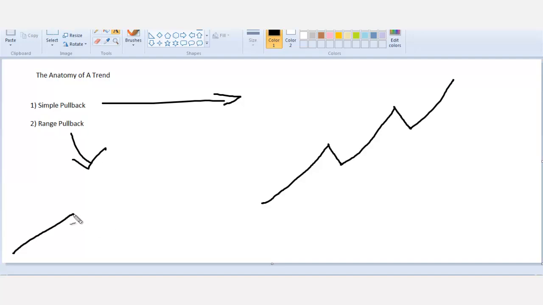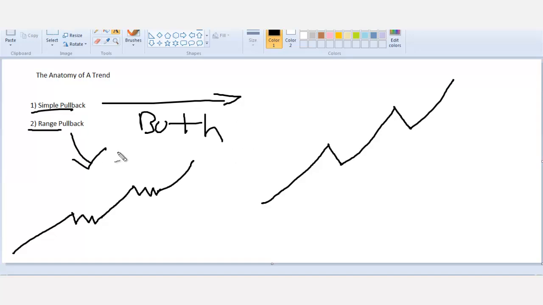It does an impulse move, tends to consolidate a little before breaking out and rallying higher, does another range before breaking out higher. So there's no reason for price to be in either the simple pullback or the range pullback. It could be simple, range, or a combination of both.